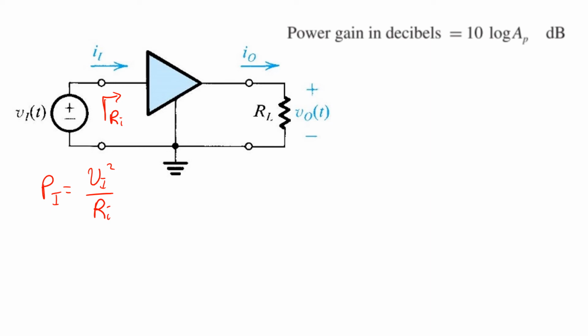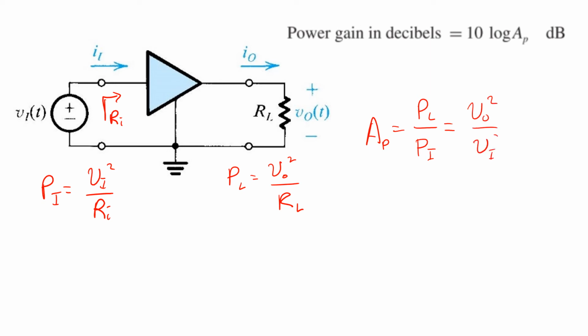And we know the power delivered to the load is VO squared over RL. Therefore, the power gain is the ratio PL over PI. And substituting in, we see that it's VO squared over VI squared times the ratio of RI over RL.